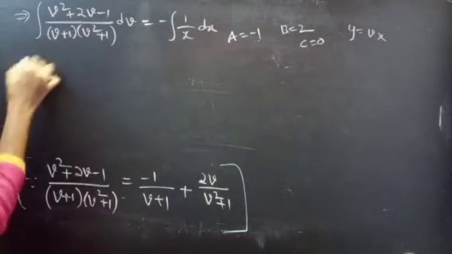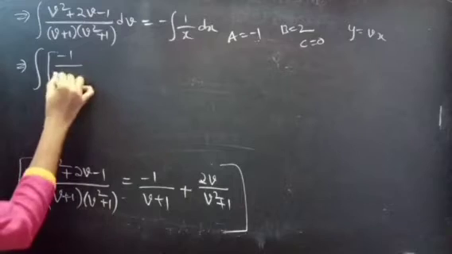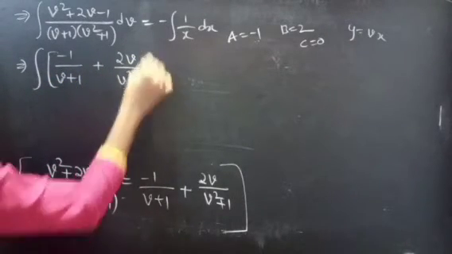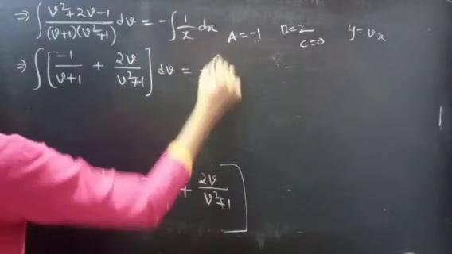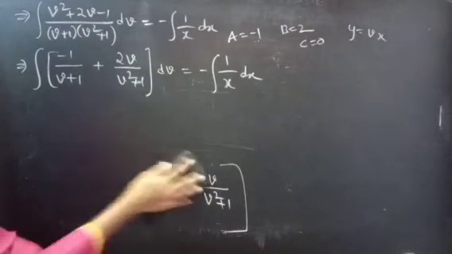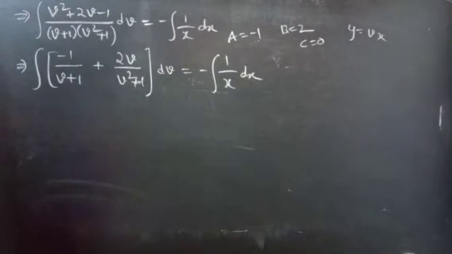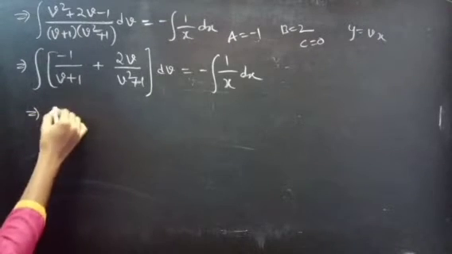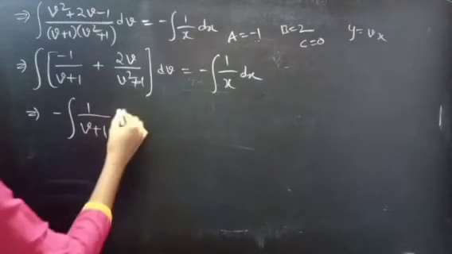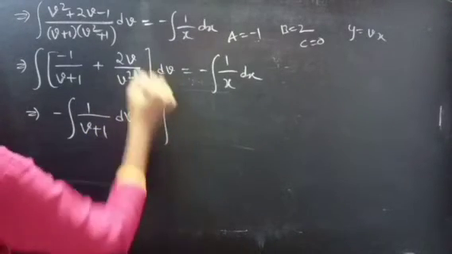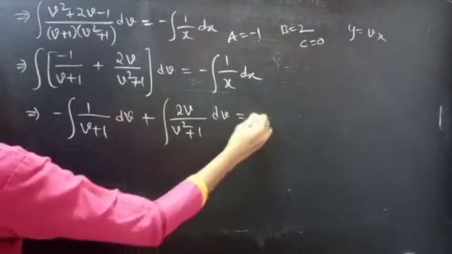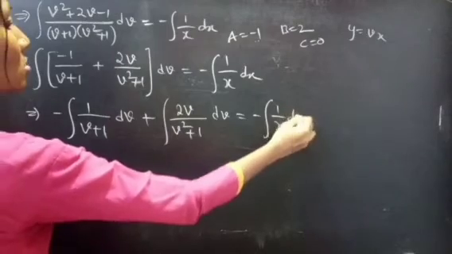Then integral of (minus 1 by (v plus 1) plus 2v by (v square plus 1)) dv equals to minus integral 1 by x dx. Then minus integral 1 by (v plus 1) dv plus integral 2v by (v square plus 1) dv equals to minus integral 1 by x dx.